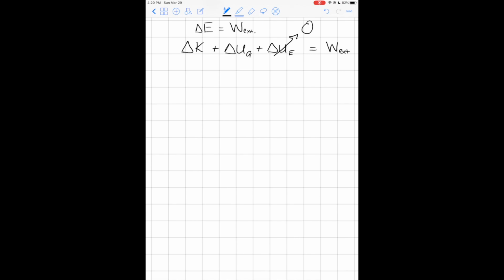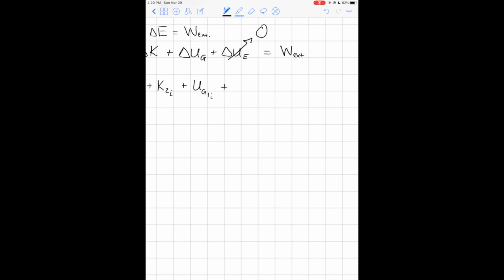If I think about what I have initially, I have an initial kinetic energy for block 1 and possibly an initial kinetic energy for block 2. Likewise, I'm going to have a potential energy for block 1 initially. It's a lot of subscripts. And then gravitational potential energy for block 2.